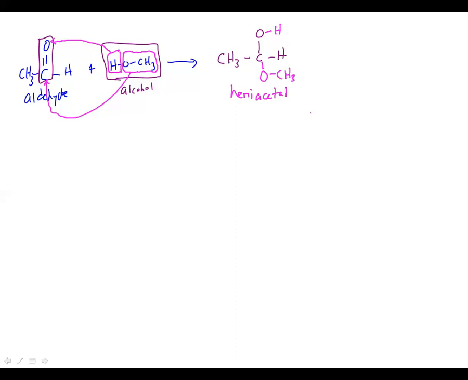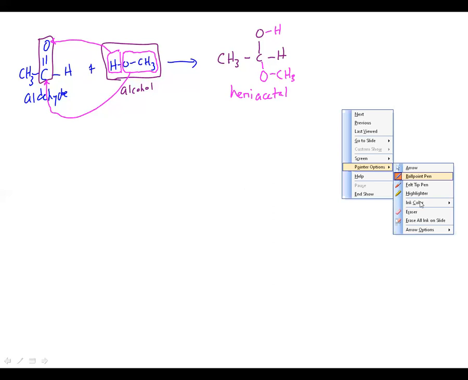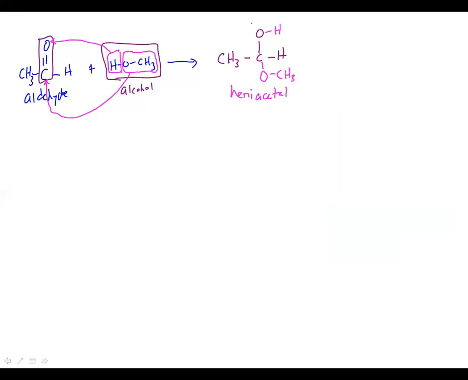The major components of a hemiacetal, let's highlight it in a different color, are an OH group, a hydrogen, and this oxygen carbon group. Those are all the main parts of a hemiacetal.